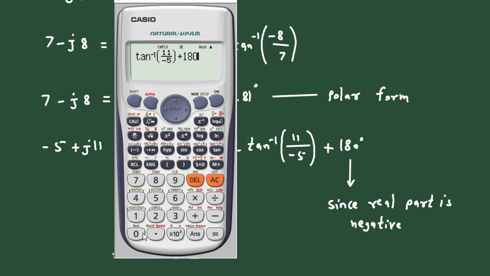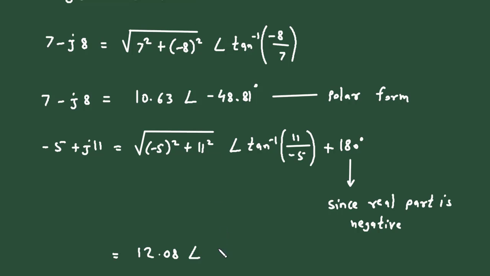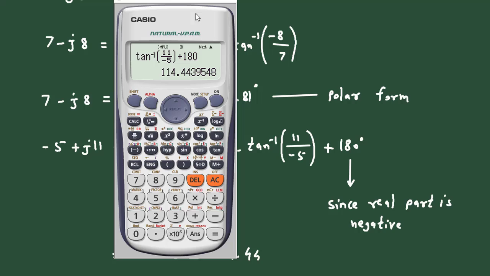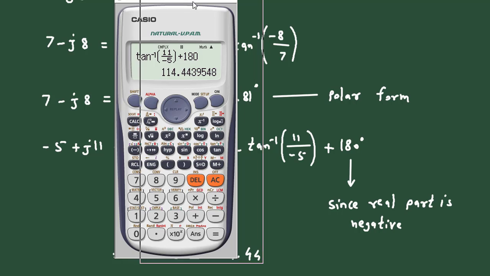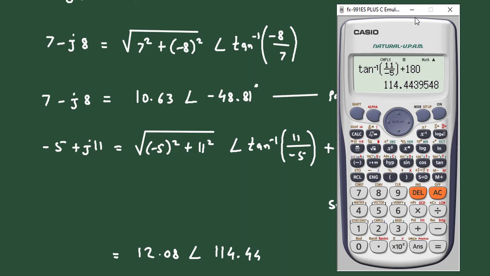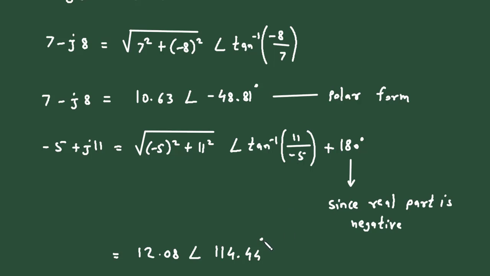So plus 180, it is 114.44 degree. So minus 5 plus j11 is equal to this. This is in polar form again.